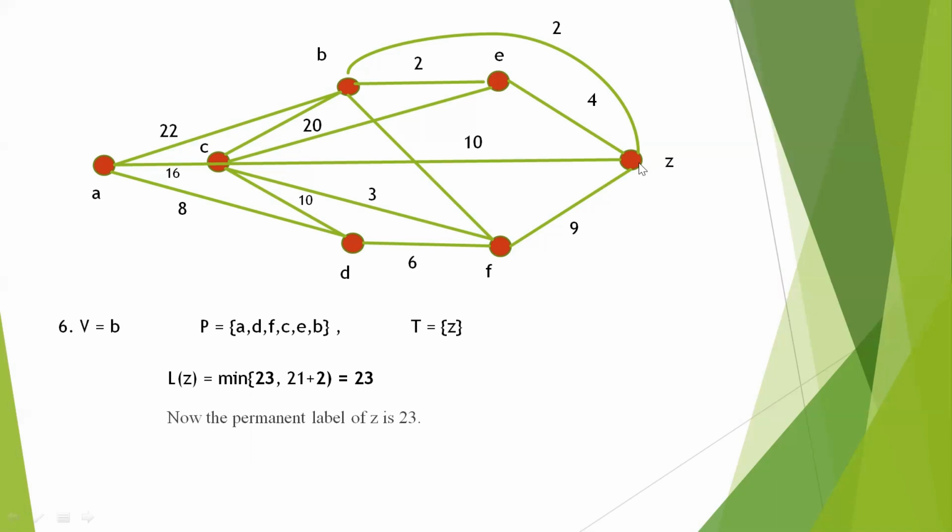Now we have to find the path whose length equals 23. If we backtrack, 9 plus 6 equals 15, plus 8 equals 23. So the shortest path from A to Z is A, D, F, and Z.